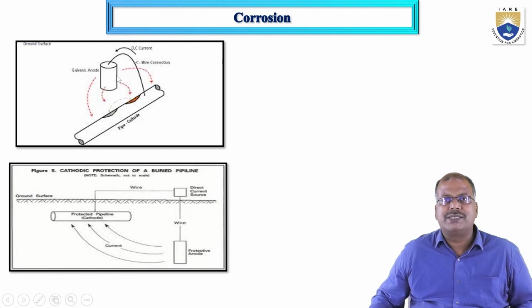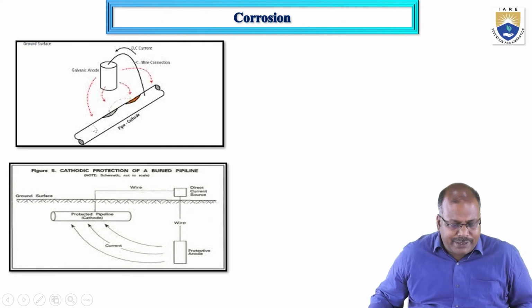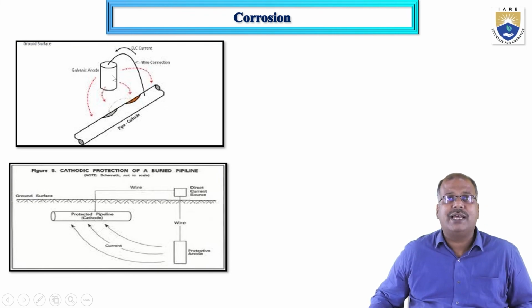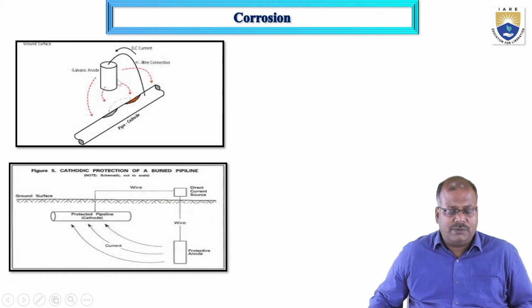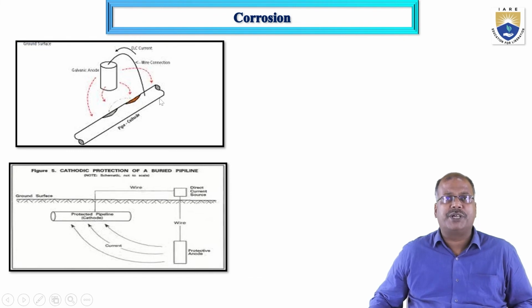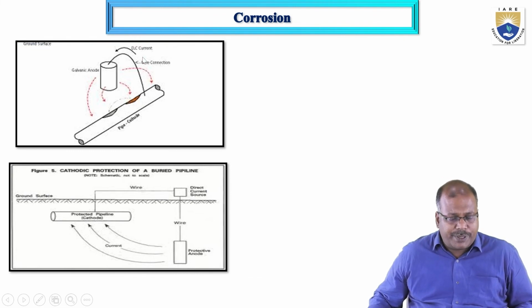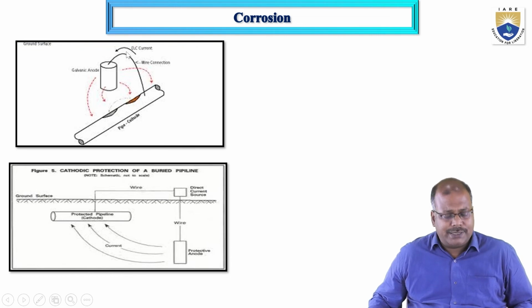That is called impressed current. Thereby this metal pipe which has to be protected will be made cathode because of the impressed current supply.